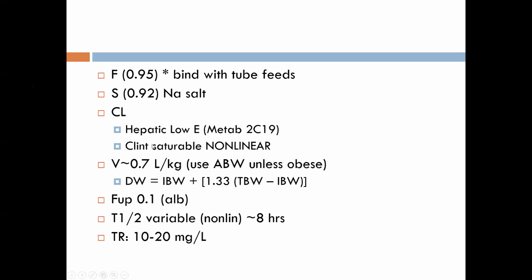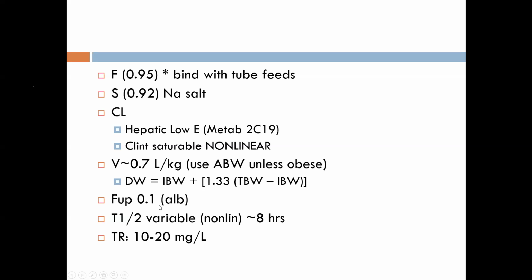So that's very important. The volume of distribution is about 0.7 liters per kilogram, which is about the same as total body water. And we can use actual body weight unless they're obese. I don't expect you to remember any of this, but know that you can use actual body weight.